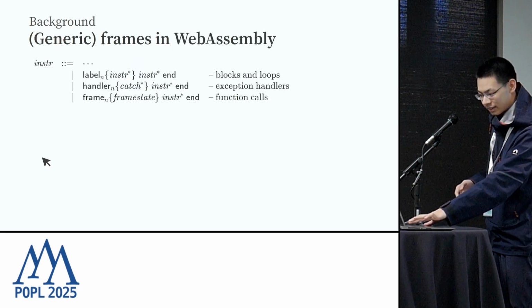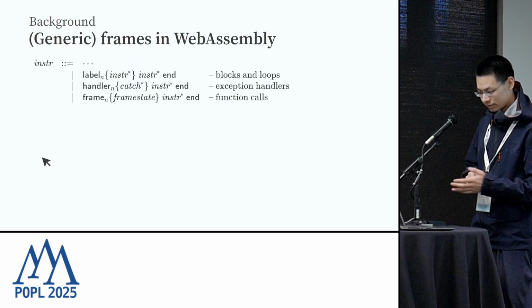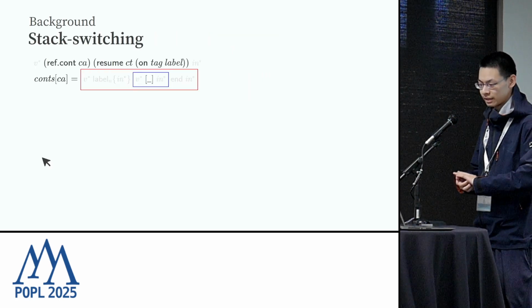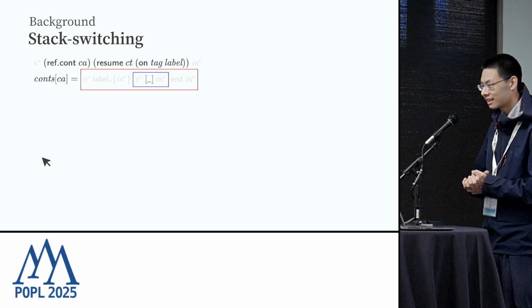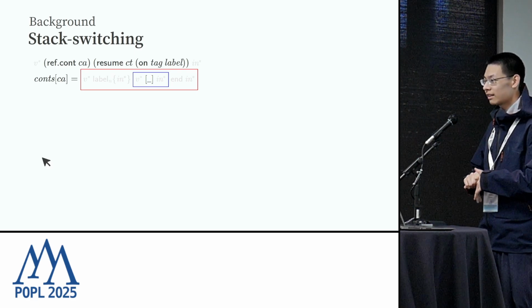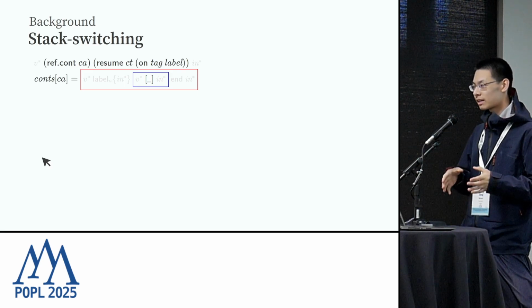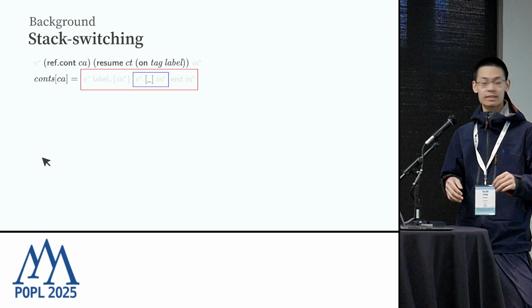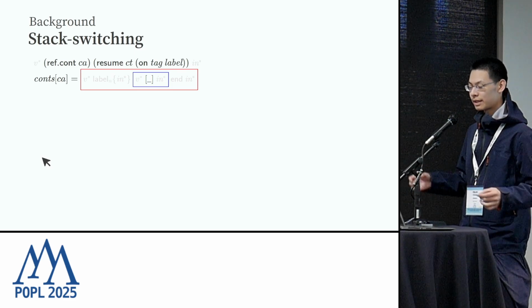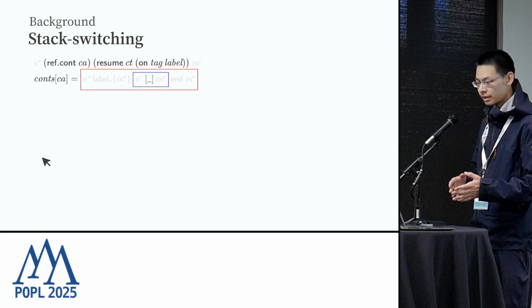Okay, and with the background of frame, we can finally introduce the semantics of stack switching. So stack switching, well, is switching stacks, right? There's a continuation part in the WebAssembly store that contains a lot of possible continuations that we can resume.